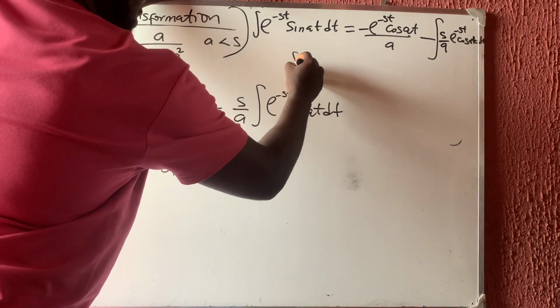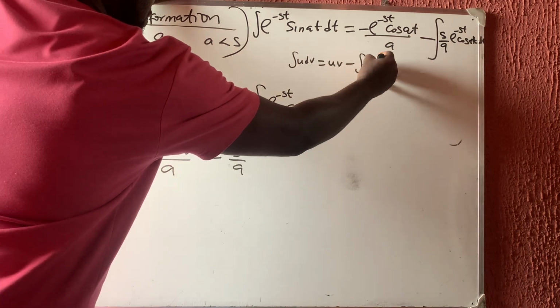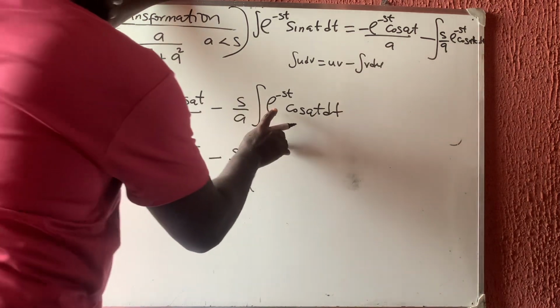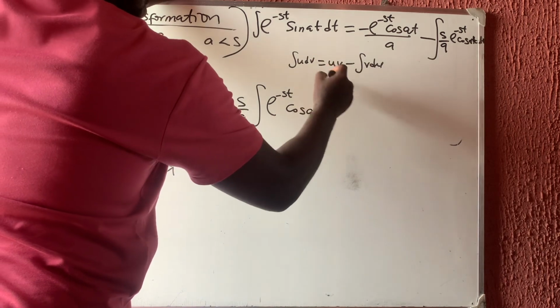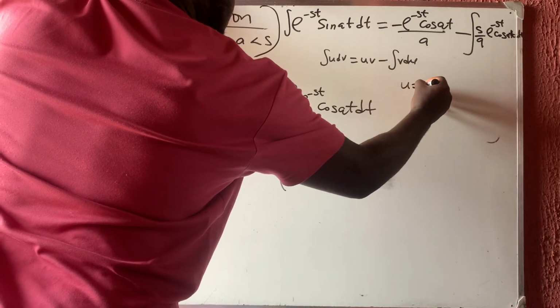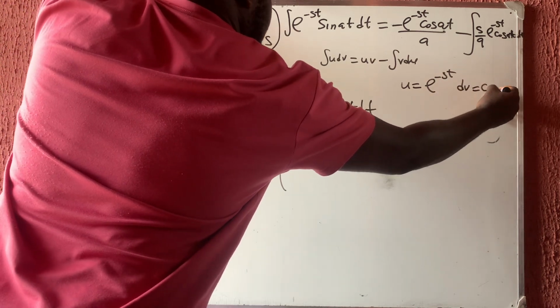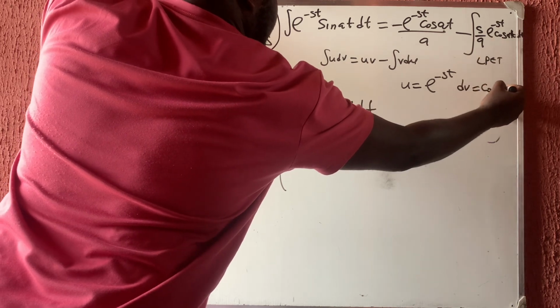Don't forget that the integral of u dv is equal to uv minus the integral of v du. So our u here is equal to e raised to power minus st, while our dv is equal to cos at.